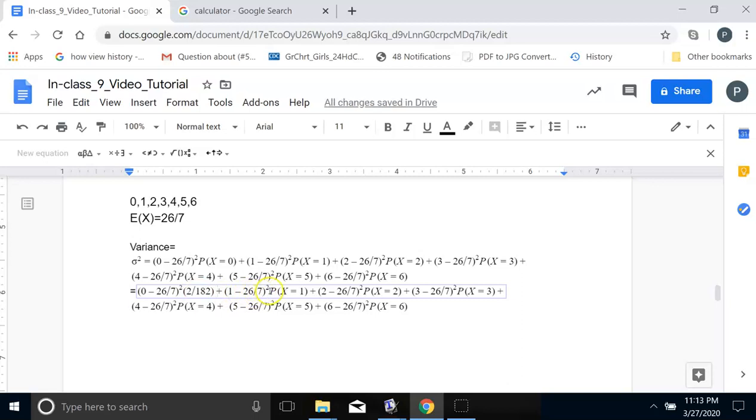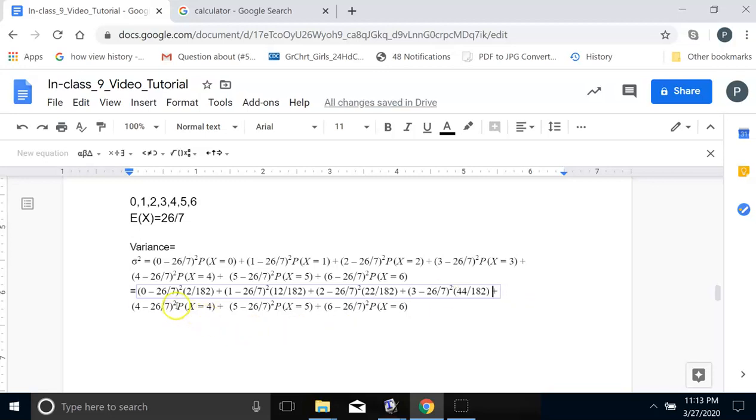Probability x was 1, looking up the top, that was 12 over 182. Probability x is 2, that was 22 over 182. We found these values in the last video. Probability x is 3 was 44 over 182.